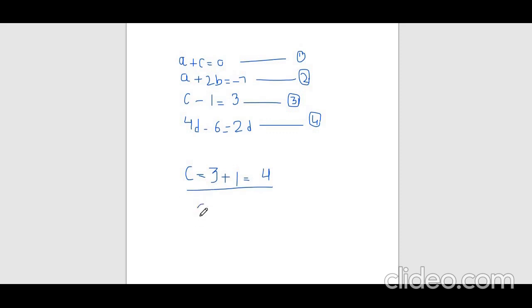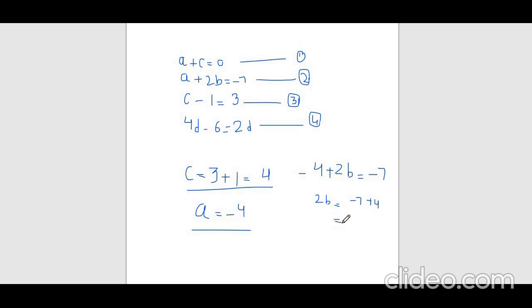From equation 1, we get A equals minus 4. Now we have A equals minus 4 and C equals 4. Okay. Now we can also get the value of B from equation 2. A equals minus 4 in equation 2, plus 2B equals 7, so 2B equals 7 plus 4... 2B equals minus 7 plus 4.